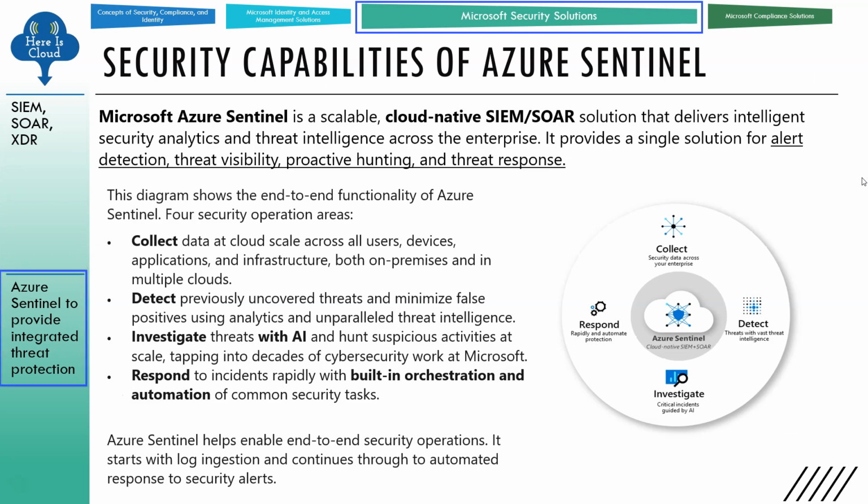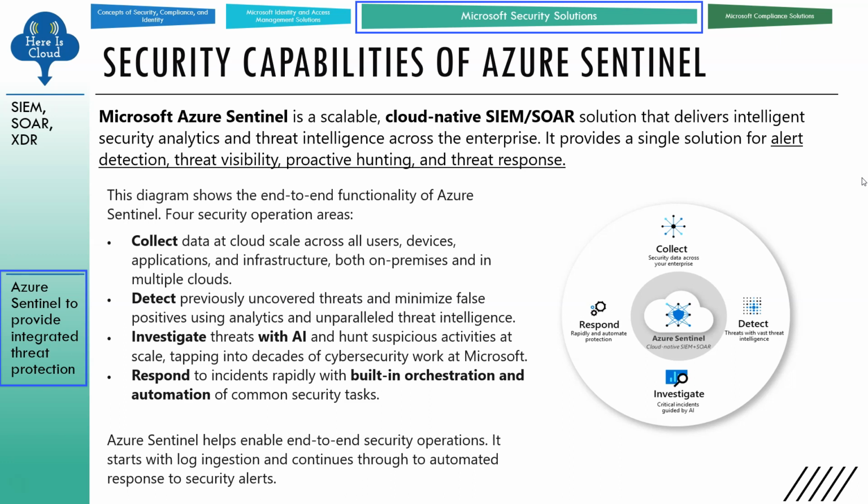Next is Microsoft Azure Sentinel. It is a scalable, cloud-native SIEM and SOAR solution that delivers intelligent security analytics and threat intelligence across the enterprise. It provides a single solution for alert detection, threat visibility, proactive hunting, and threat response. As you see in the diagram, it has end-to-end functionality covered in 4 security operation areas.